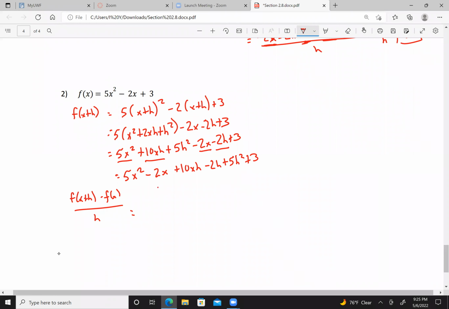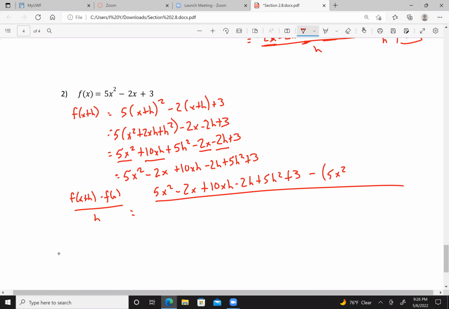Well, here's f of x plus h, 5x squared minus 2x plus 10xh minus 2h plus 5h squared plus 3, minus 5x squared minus 2x plus 3, all over h. So this will be minus 5x squared plus 2x minus 3.